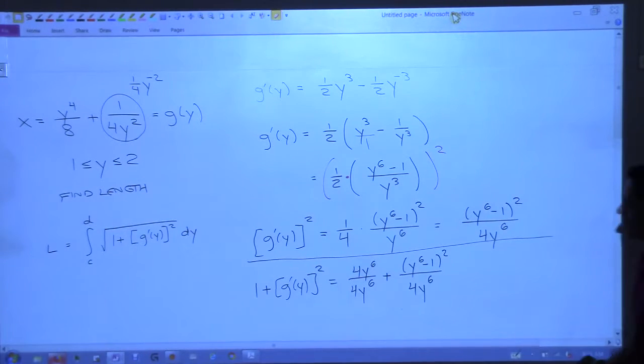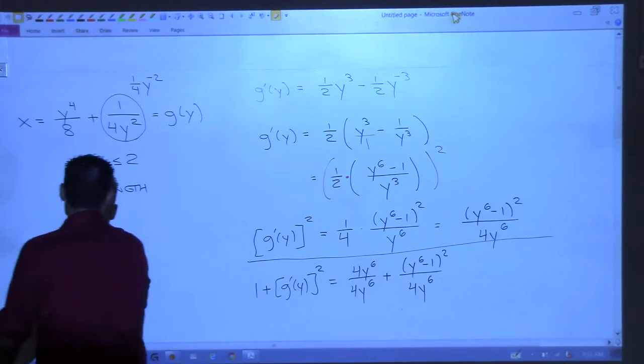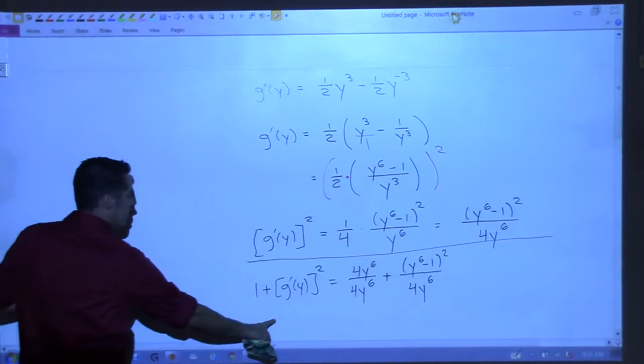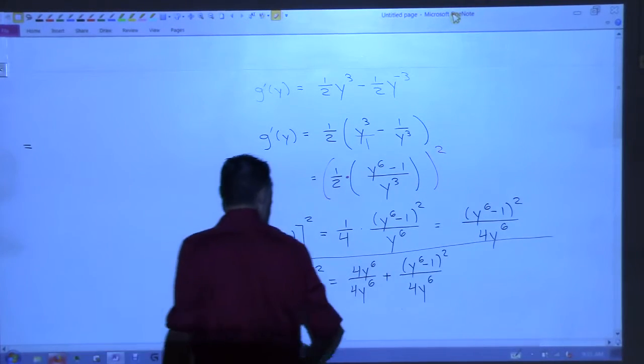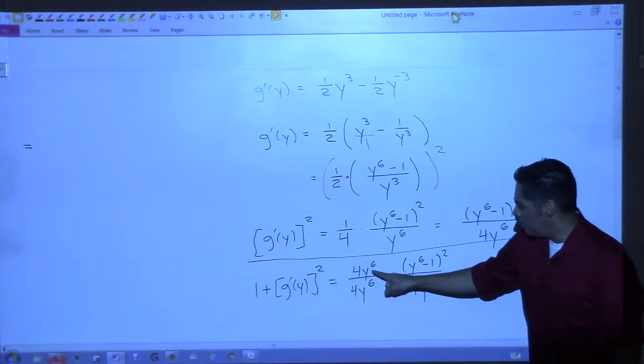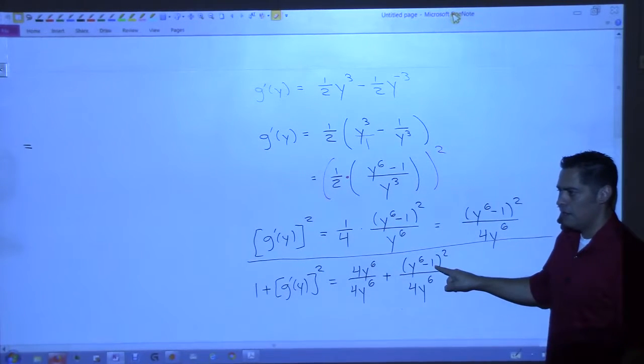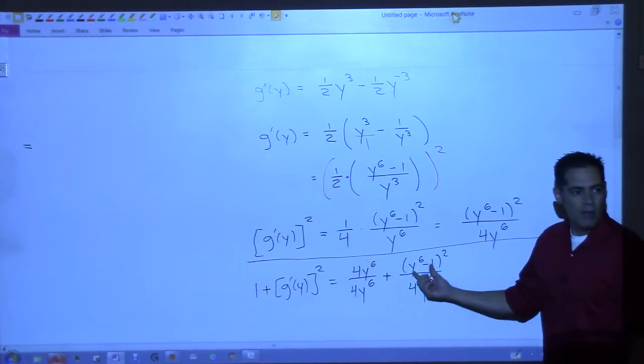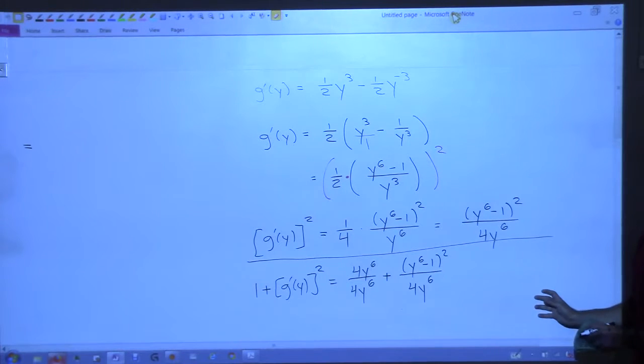And now let's put them together. So that part right there is equal to, let's see, what's my new numerator? It's going to be this plus this. I'm going to expand this out, I'm going to square it. I'm assuming on the side you could do that and square it out.